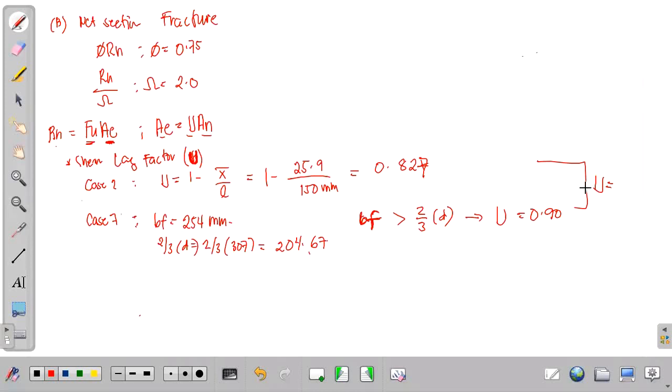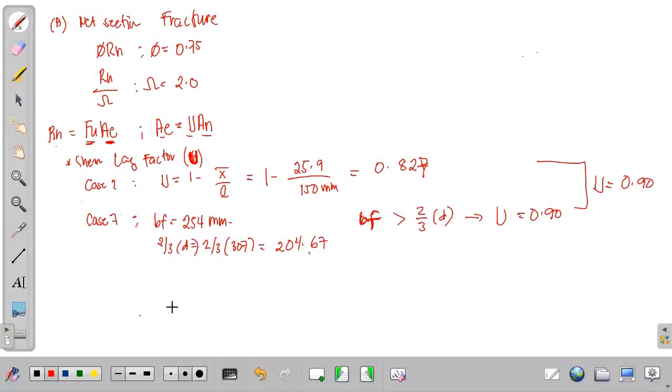Sabi doon sa code, we need to use the larger value of U. So larger value of U, kaya ang gagamitin natin U is yung 0.90. Kaya ang shear lag factor natin dito is 0.90.